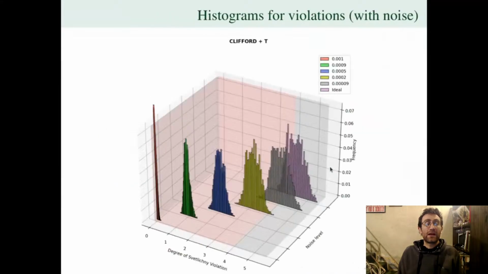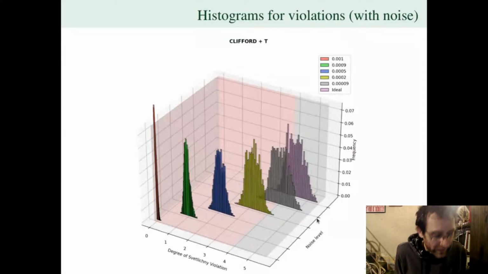And what is interesting for technology about these histograms is that in pink here, I'm showing the ideal histogram. But when you start to increase the noise of the system, then of course the simulation will be deteriorated by noise because there will be imperfections.